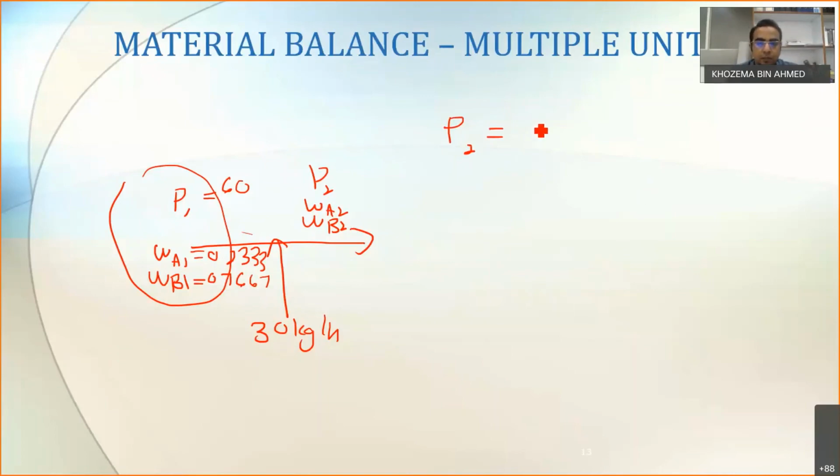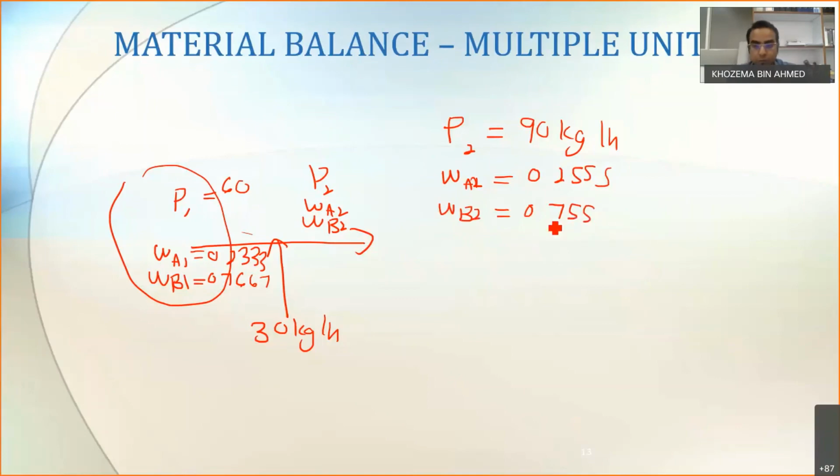And then my WA2 is equal to 0.2555, and then my WB2 is equal to 0.7445, sorry, 0.7445.